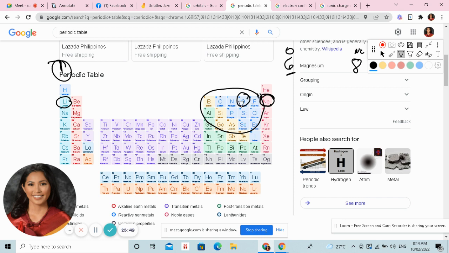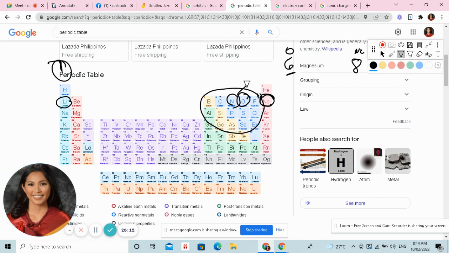Since lithium has few electrons, it is easy to lose that one. But oxygen, the non-metals, has greater valence electrons. Now, their option is not to lose but to gain. I cannot lose the 6 for just the 2, so I will gain. Nitrogen, I cannot lose 5 electrons just for 3, so I will gain.